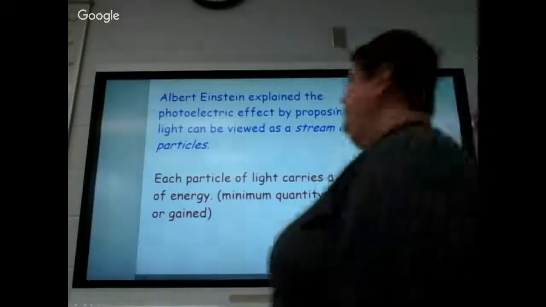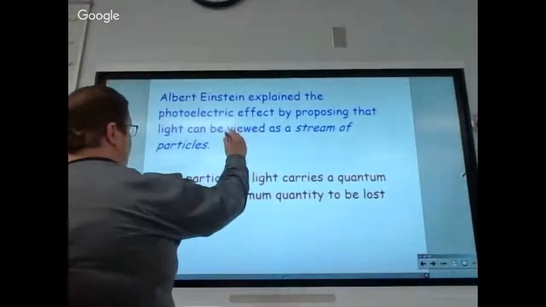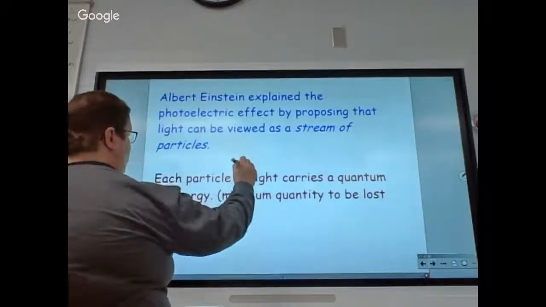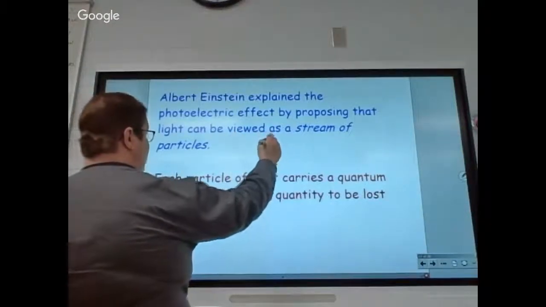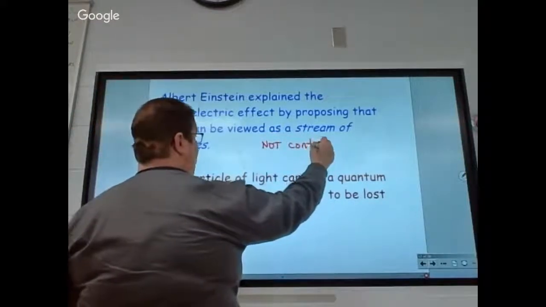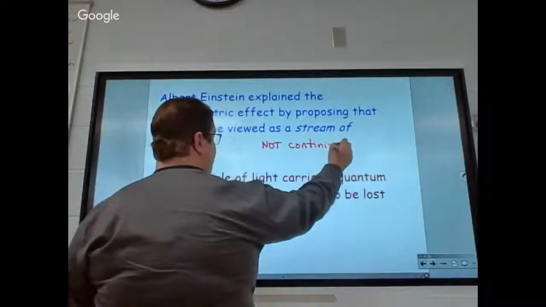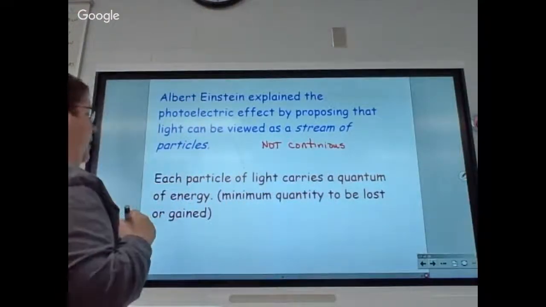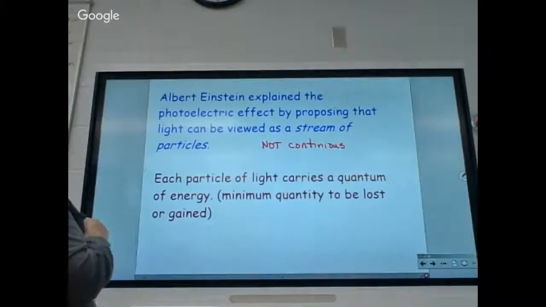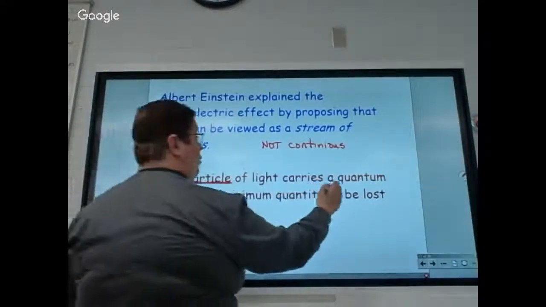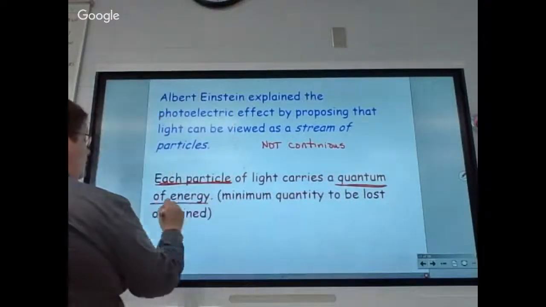So again, you've got this stream of particles. It's not continuous, according to Max Planck. And each particle has a quantum of energy.